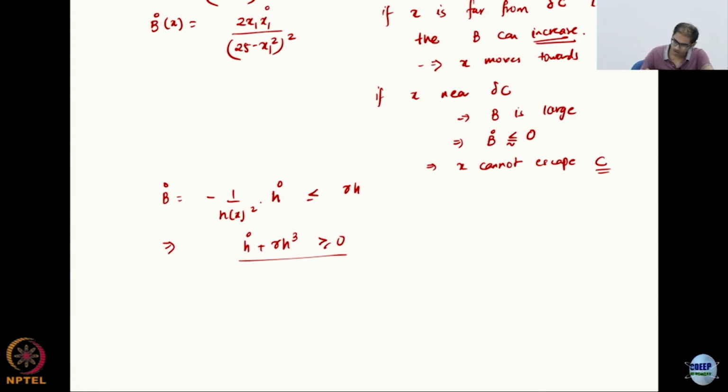This can be solved using your comparison lemma type results, and they have actually solved it. I am going to just write it. h(x(t)) is greater than or equal to 1 over the square root of 2 gamma t plus 1 over h squared at x0.